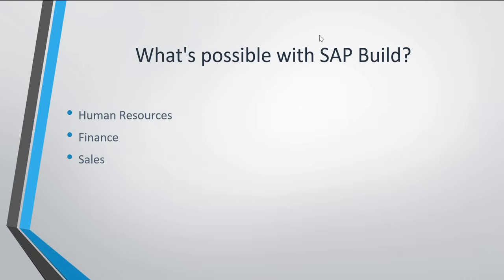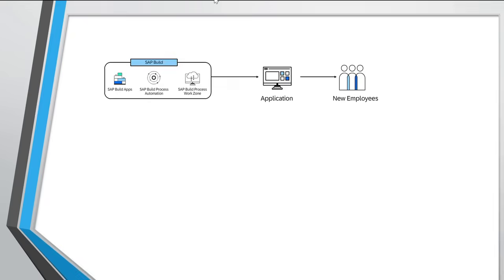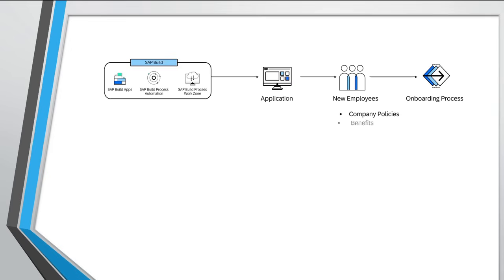For example, consider the human resources part. The requirement is that the company is aggressively hiring and wants to handle hundreds of queries. The queries are very repetitive and they spend a lot of time processing them. Here, we processed this application for the new employee section and automated the routine HR processes.